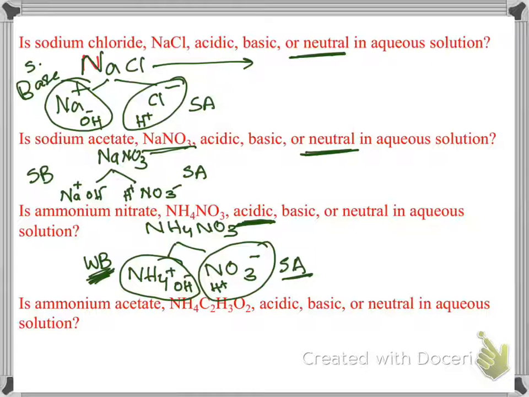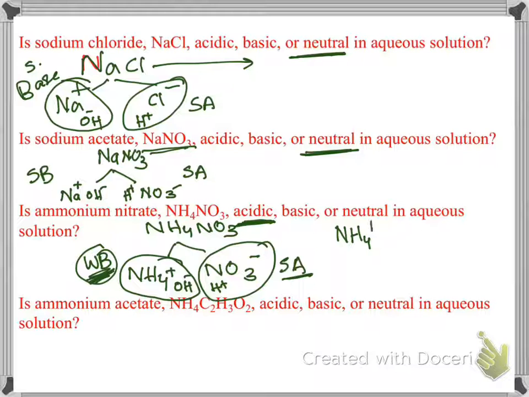But the point to understand is, since it is made up of a weak base, what will the weak base do in the water? It will produce a strong conjugate acid, and that strong conjugate acid will basically make the solution acidic.